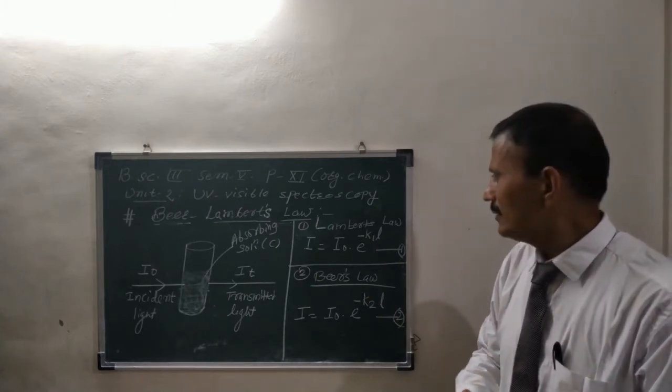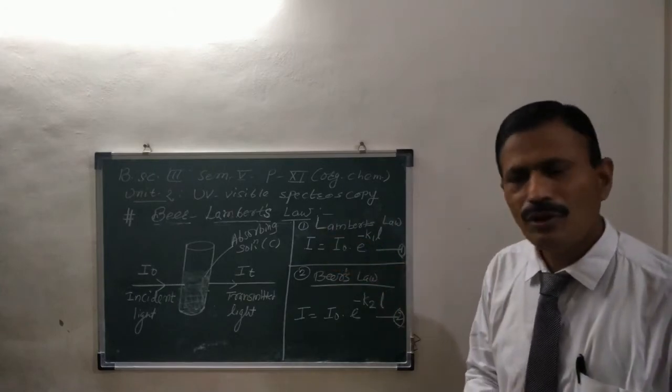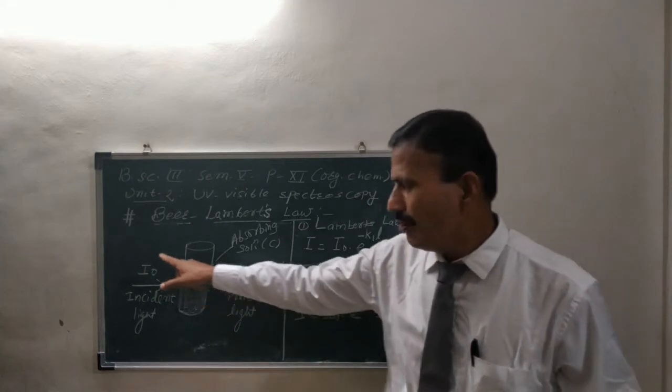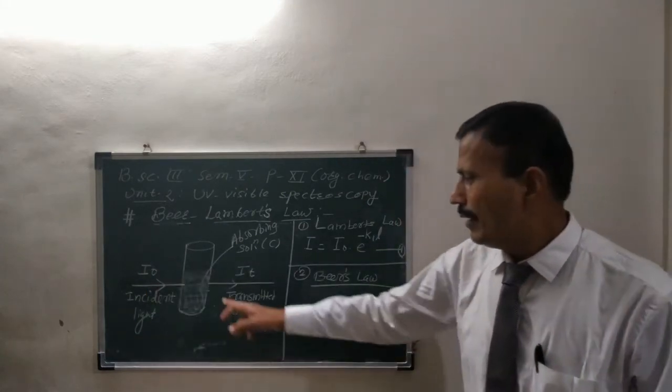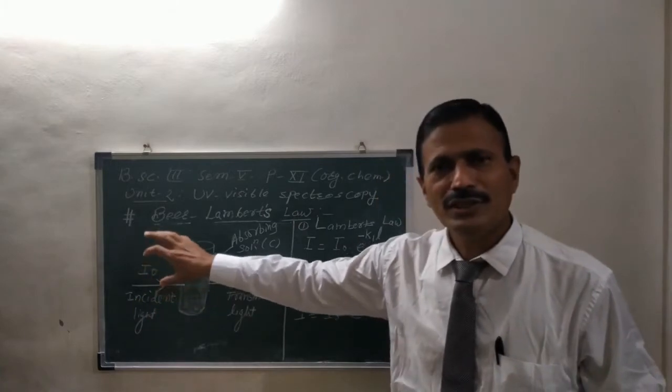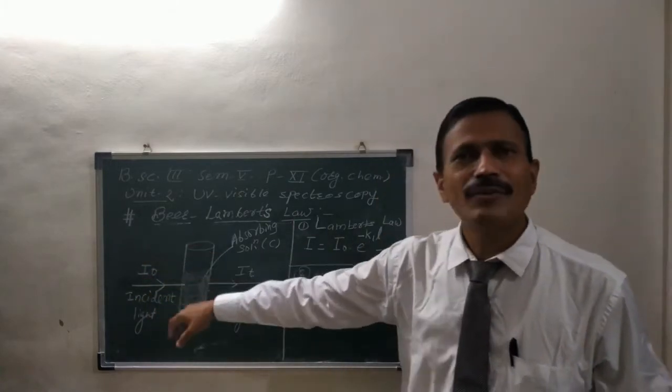So let us have a look at Lambert's law now. This law tells us about the quantitative relationship between the light which is irradiated and the path length in which it is measured.